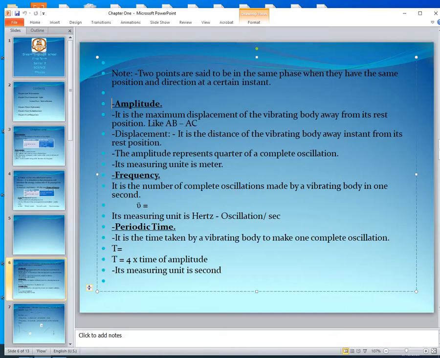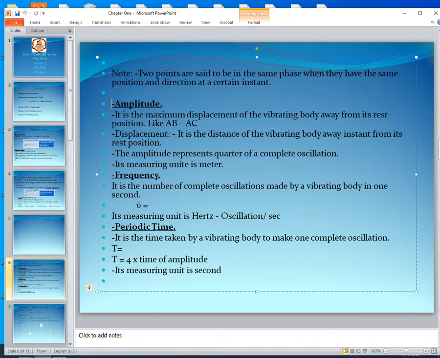But the displacement, as we discussed together a while ago, is the distance of the vibrating body away from its rest position at any instant, but it isn't, of course, the maximum point B and C.